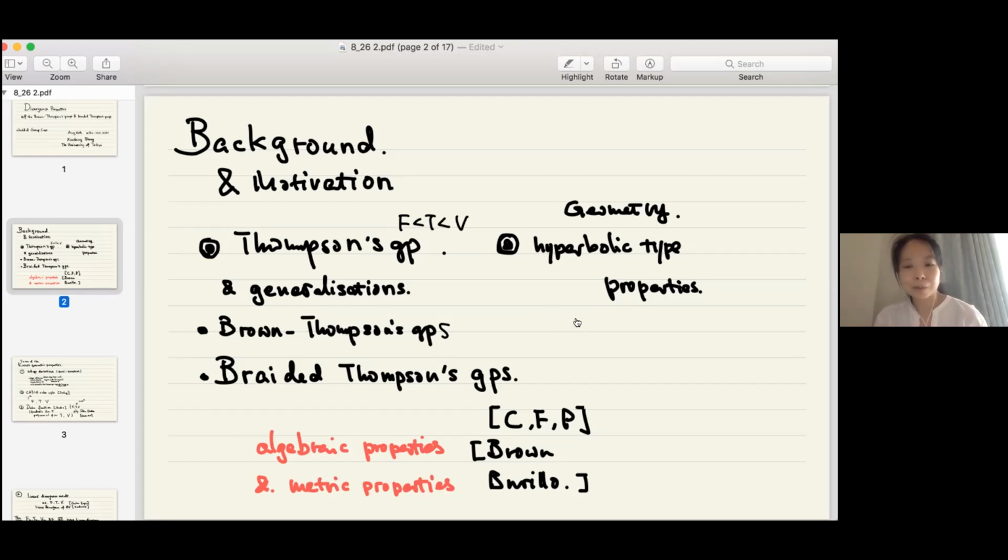So my personal interest is in hyperbolic-type properties. We all know that Thompson's groups are not Gromov hyperbolic, but they might or might not have hyperbolic-type properties. This was the motivation for me to start looking into some geometric properties of these groups.